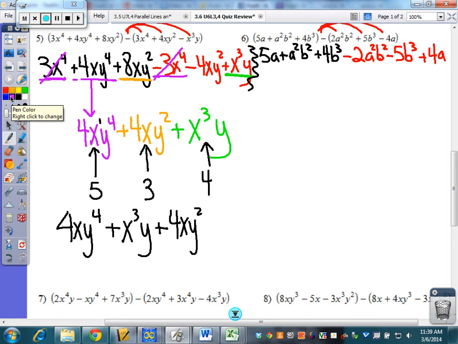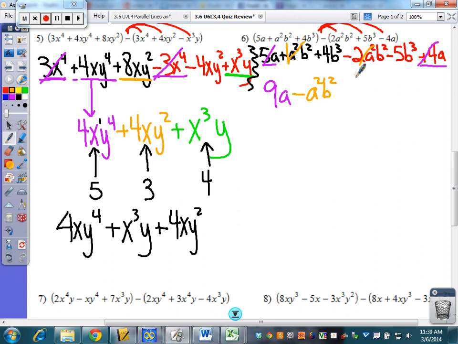All right, so for my like terms, I'm looking for an a and an a. So we have a 9a here. I want an a squared b squared. Well, I have one right here, so we assume that's 1. 1 minus 2 is negative a squared b squared.